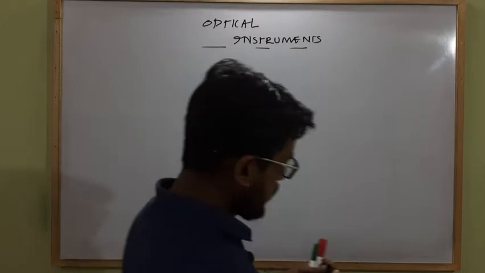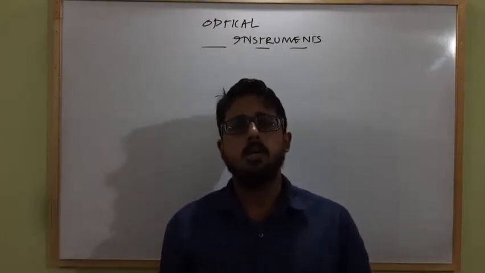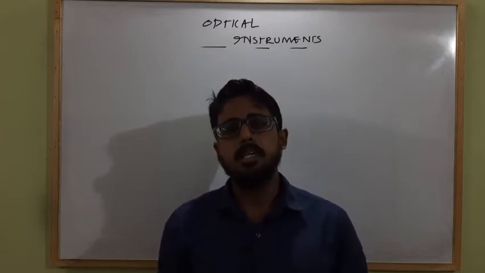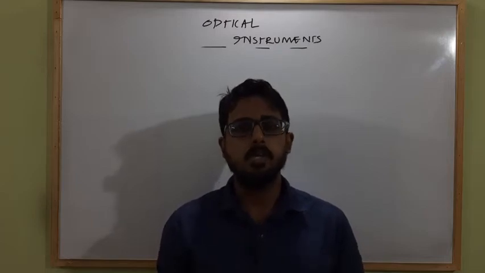So optical instrument, what does it mean? From the day we take a bath, after that each and every instant we use the most advanced optical instrument provided to all of us by God, that is the human eye.